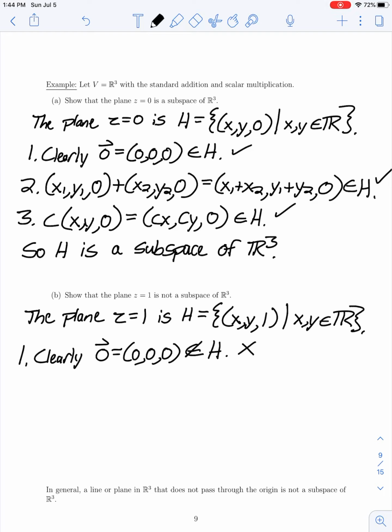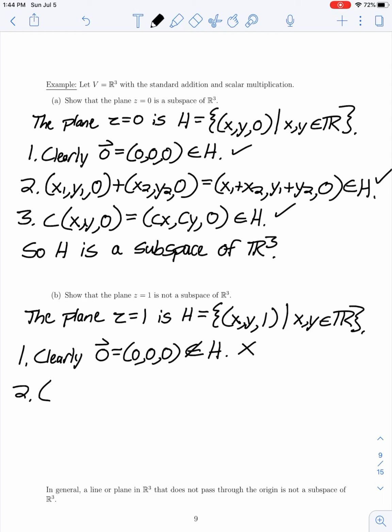So as soon as we see that our set does not contain the 0 vector, we know it's not a subspace of R3. Let's see how we could have also shown that this is not a subspace using some other properties. So the second property is closure under addition.